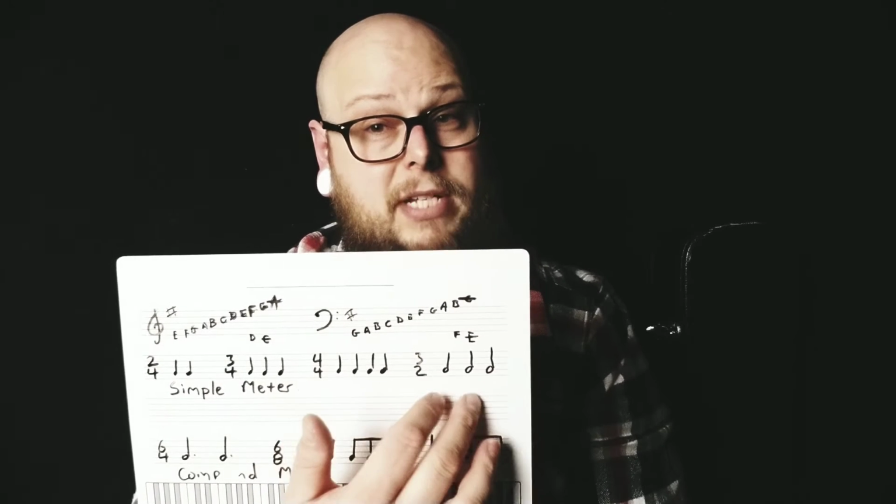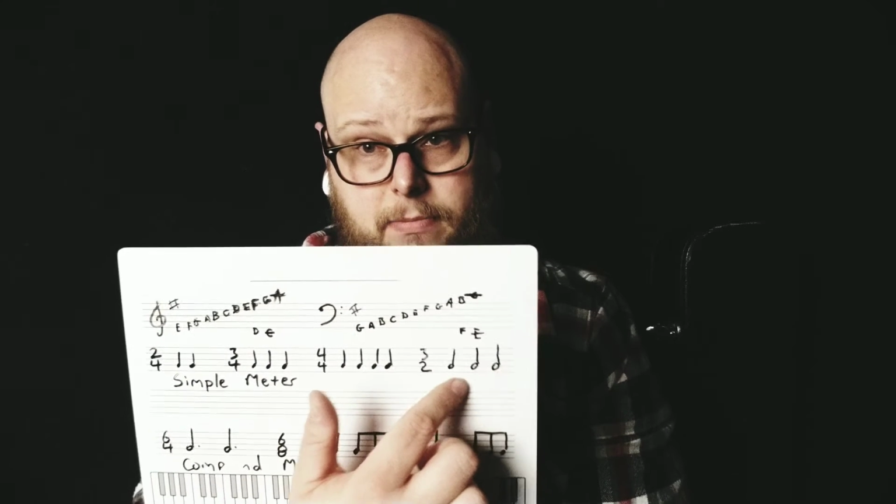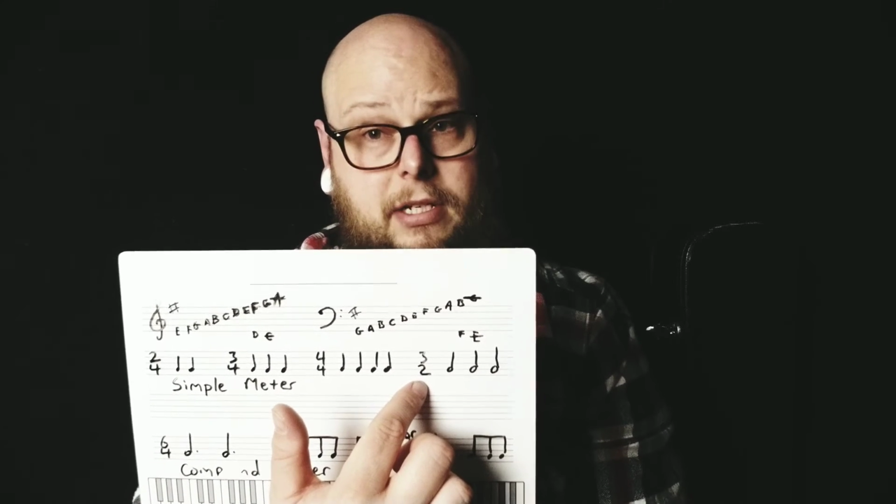Now when you're counting it though, these half notes would equal a quarter note as far as how you would count it. It's notated as a half note, but you would still count this as 1, 2, 3, 1, 2, 3. Now let's say instead of 3 half notes, you saw 6 quarter notes, but the time signature is 3/2.